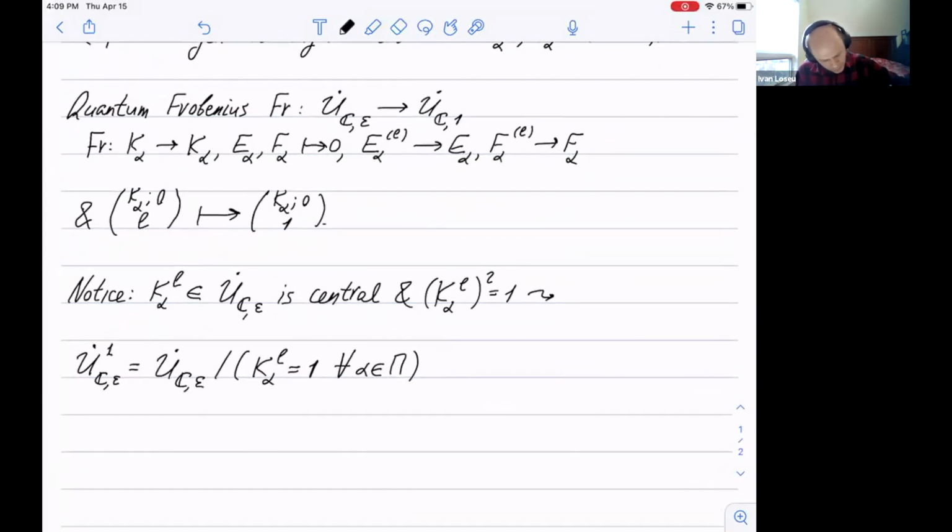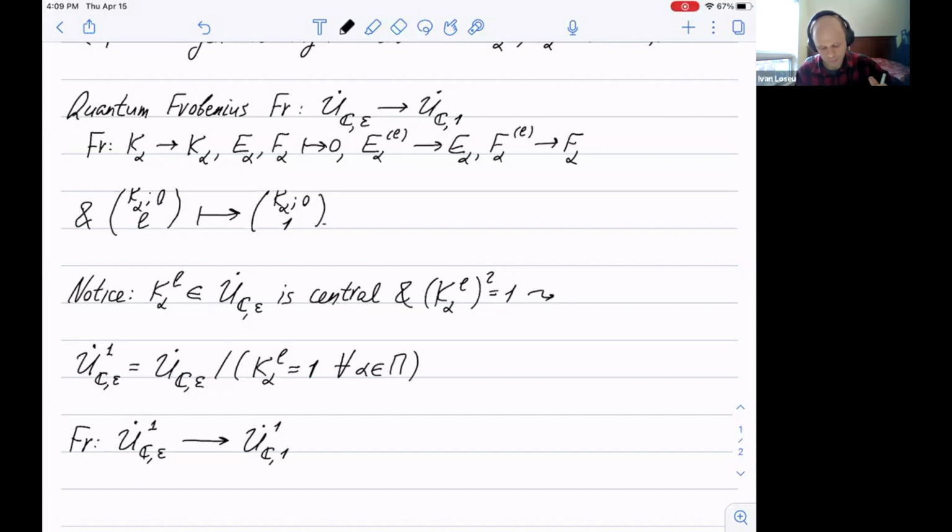And then Frobenius gives you an epimorphism from this quotient to the corresponding quotient of the algebra U dot 1 over C. And what is this algebra?